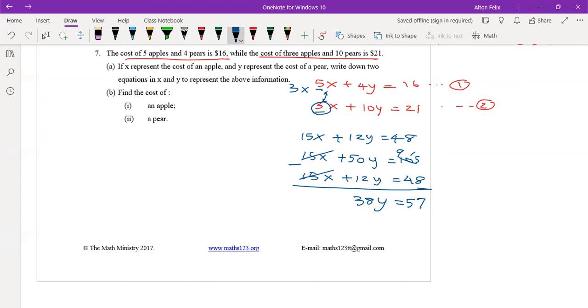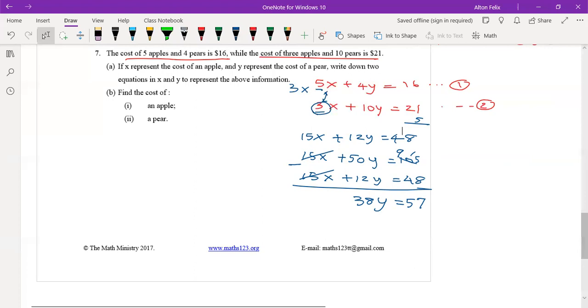The numbers are looking a bit clumsy, but let's go over the problem. 5 apples and 4 pears is 16. X is the cost of an apple, Y is the cost of a pear. 5x plus 4y is 16. 3 apples and 10 pears is 21. Right, so the equation seems to be set up pretty okay. When you multiply this by 5, you get 105, 5 2s are 10.